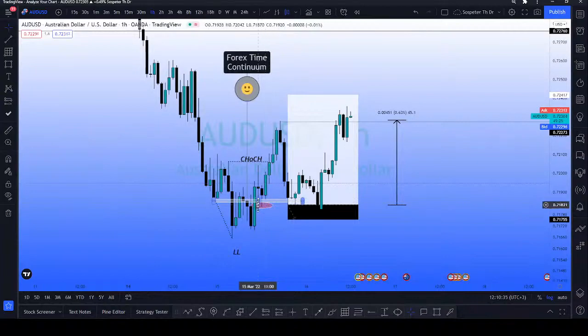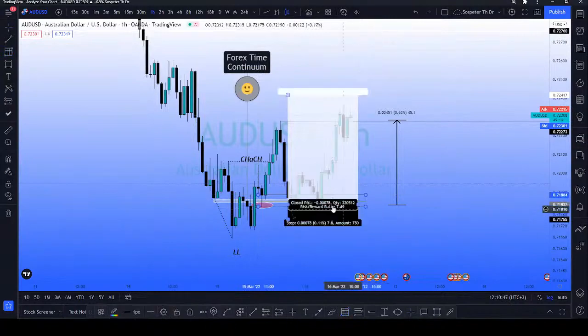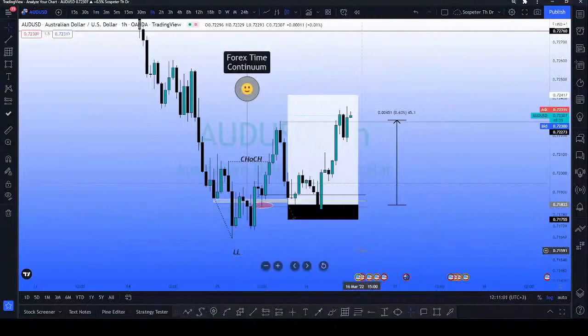As I always tell you, the money is always on the wicks. So you take the 50% of the wick as your entry. So your entry could have been here. Then your stop loss depends on your risk management style. If you want to risk 20 pips, your lot will be smaller. If you want to risk 10 pips, 15, that part I know everyone is okay.